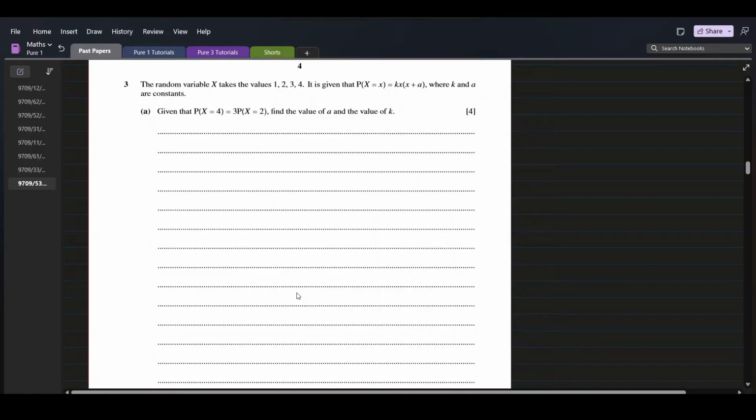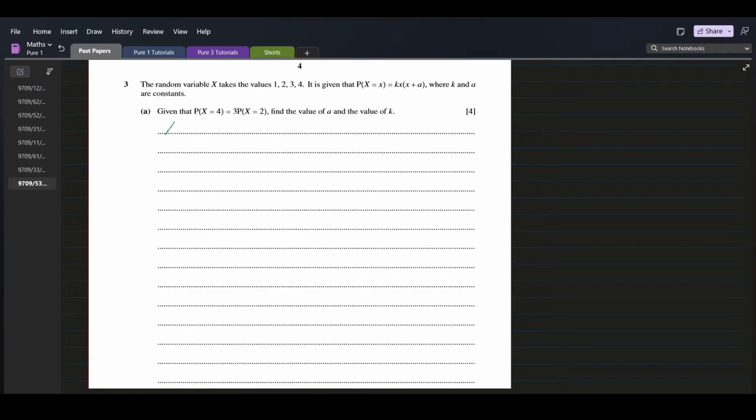Number 3, the random variable x takes the values 1, 2, 3, 4. It is given that the probability that X equals x is equal to kx times x plus a, where k and a are constants. Part A, given that the probability that X is equal to 4 is equal to 3 times the probability that X is equal to 2, find the value of a and the value of k.